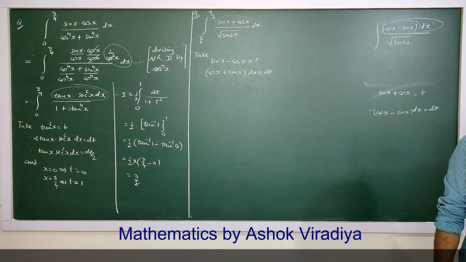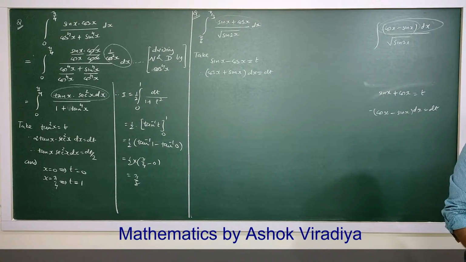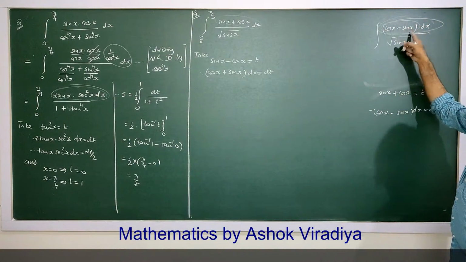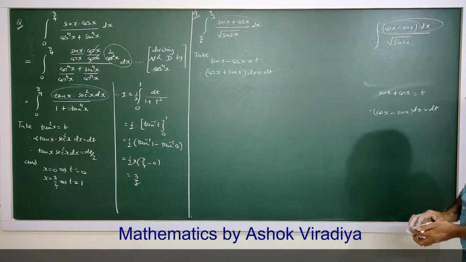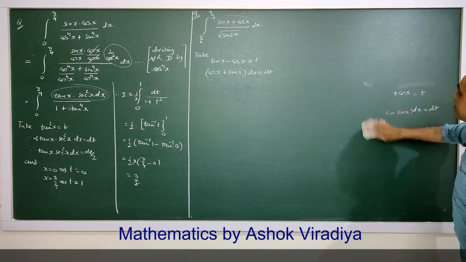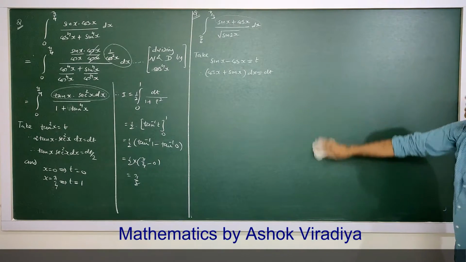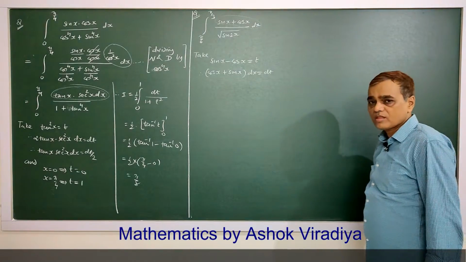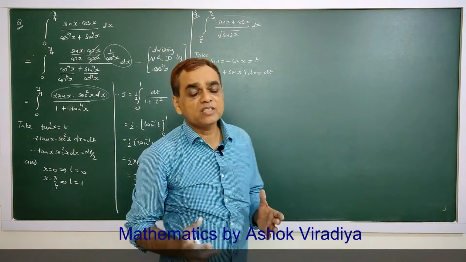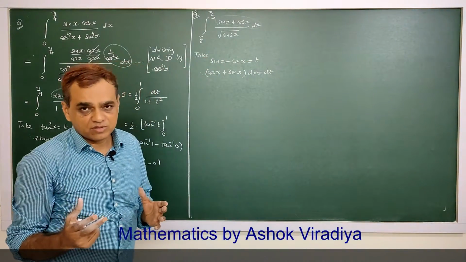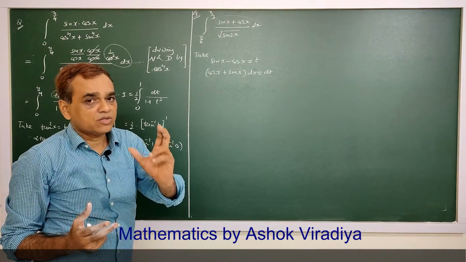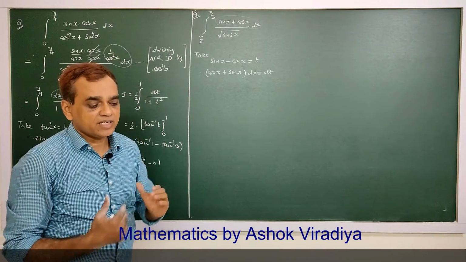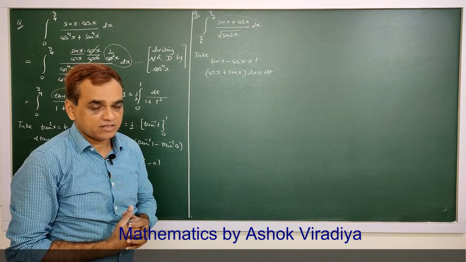Remember, whenever the numerator is sin x plus cos x, or cos x minus sin x, or sin x minus cos x, always apply this method to decide the substitution. In most questions, the part we substitute is visible in the denominator or numerator.